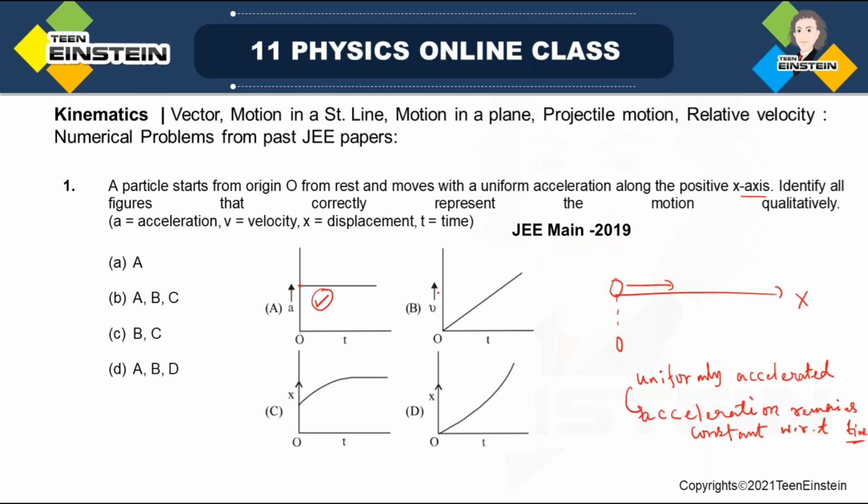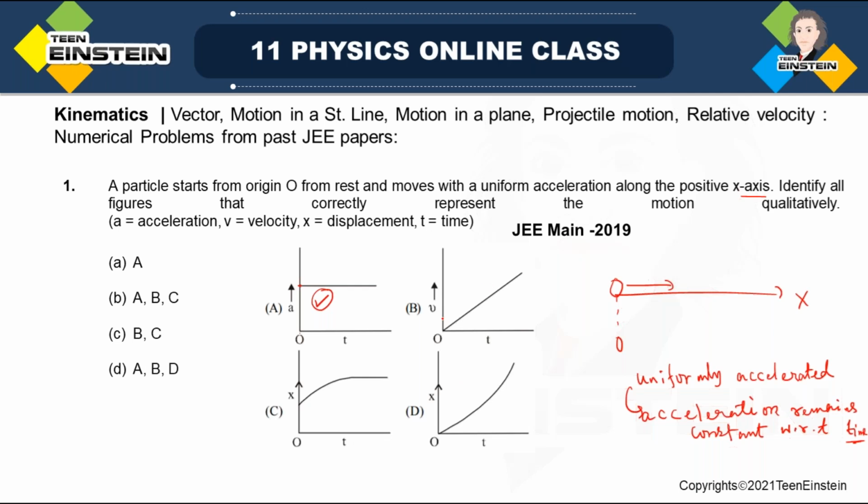Now let us see figure B. So this is actually a v-t curve. That means velocity is plotted in the vertical direction and time is plotted in the horizontal direction. So this is velocity against time. So what is the variation of the velocity with respect to time?